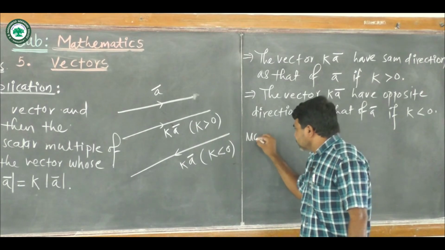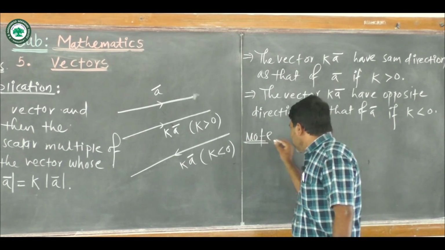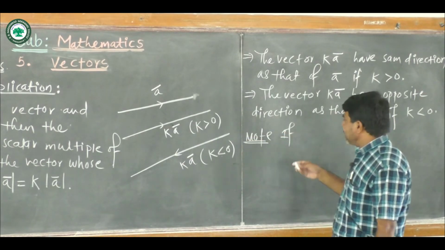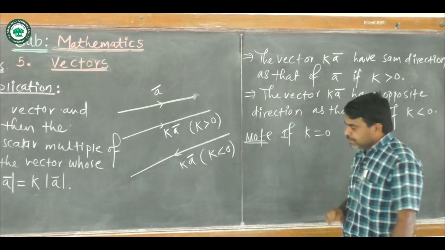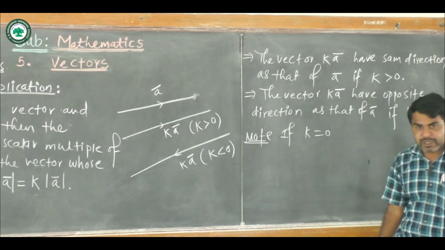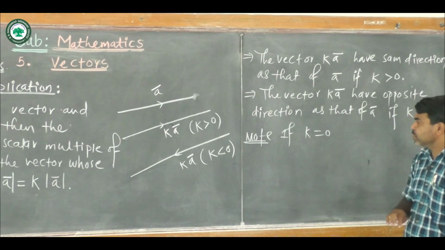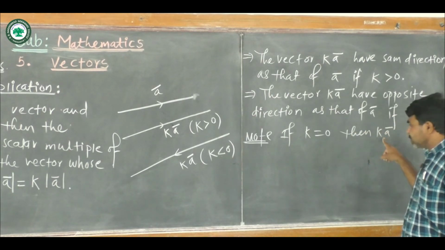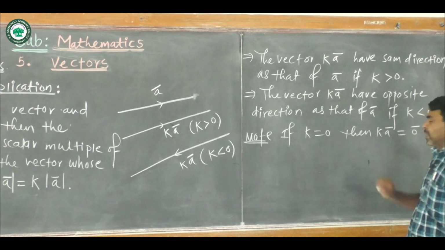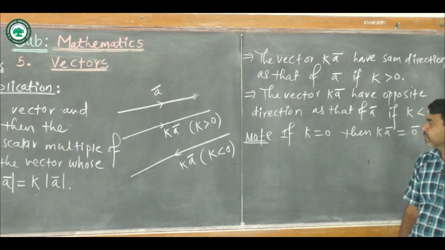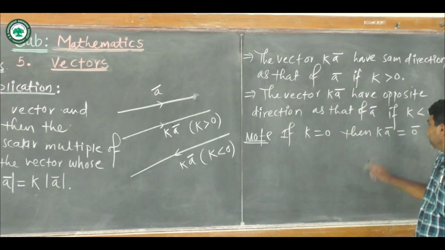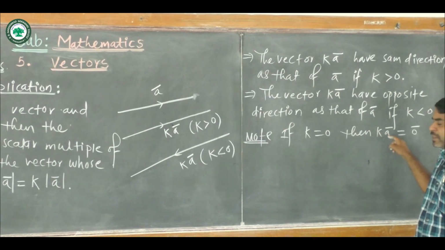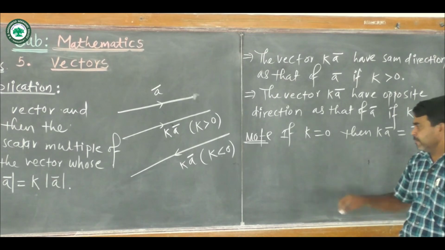Note, now what will happen if k is equal to 0? If k is equal to 0, then k into a bar, the scalar multiple of a bar, is 0 vector.